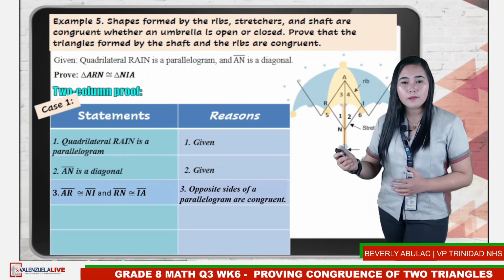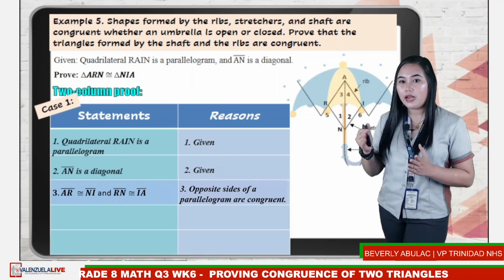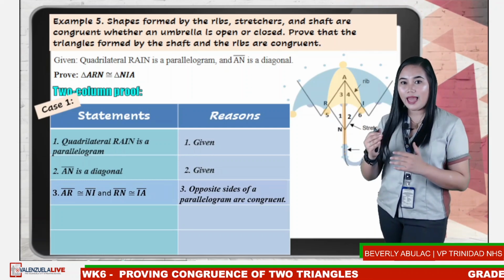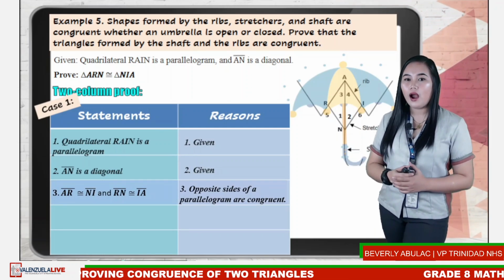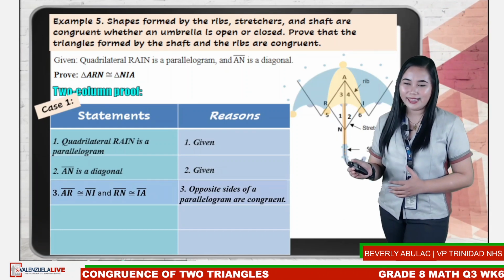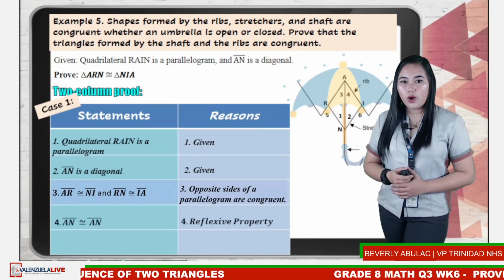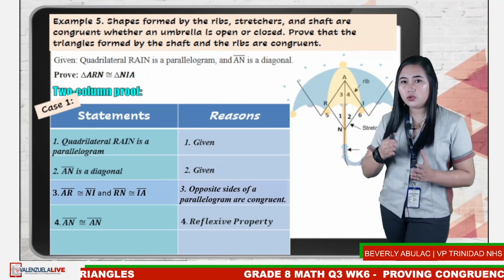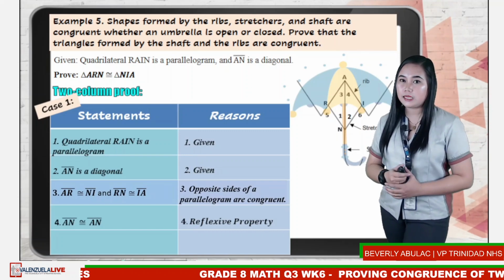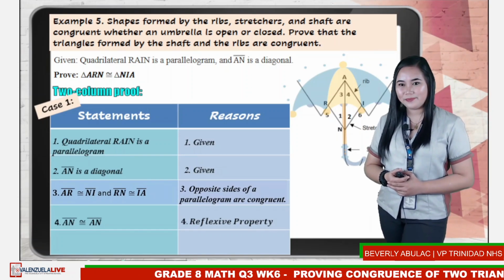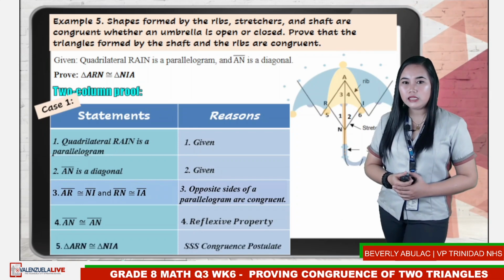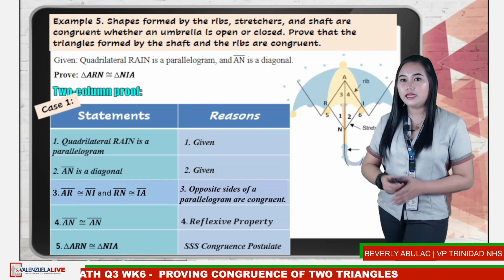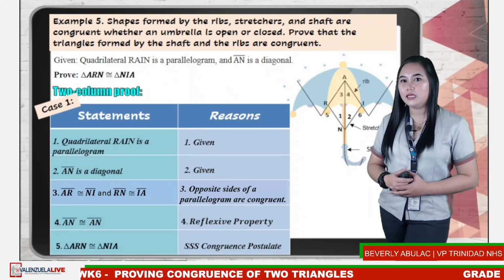Again, what is the reason? The opposite sides of the parallelogram are congruent, hence segment AR is congruent to segment NI, and segment RN is congruent to segment IA. The fourth one, segment AN is congruent to segment AN by the reflexive property. Therefore, triangle ARN is congruent to triangle NIA using the SSS congruence postulate.